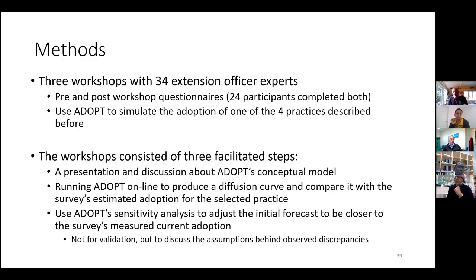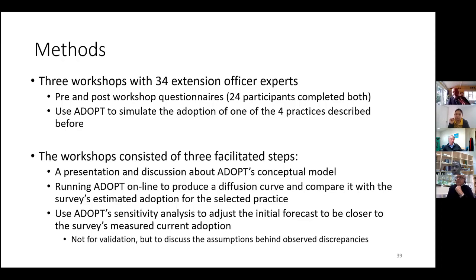Then we used ADOPT sensitivity analysis to adjust that. It was not a validation exercise, but a learning exercise to talk about the assumptions that were driving those discrepancies.